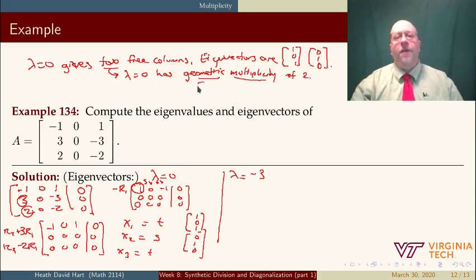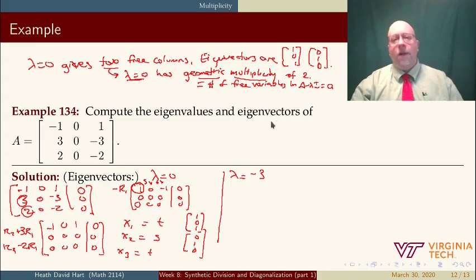Geometric multiplicity is equal to the number of free variables in A minus lambda I equals 0. In this case, we had 2 free variables in the homogeneous equation, and so the geometric multiplicity is equal to 2. We'll see this definition on a slide in a moment, but this time we have an algebraic multiplicity and a geometric multiplicity for this eigenvalue.